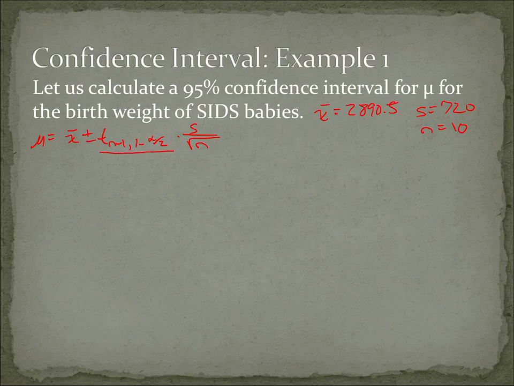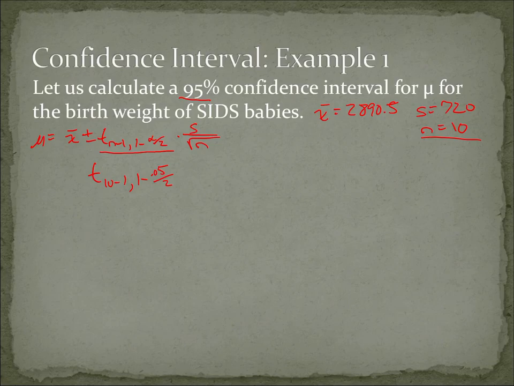So let's first work on our t interval here. We know our n is 10, so this would be t of 10 minus 1, comma, 1 minus, well, if we were 95% confident, we know confidence and alpha go hand in hand with each other, so it's 0.05 alpha over 2.